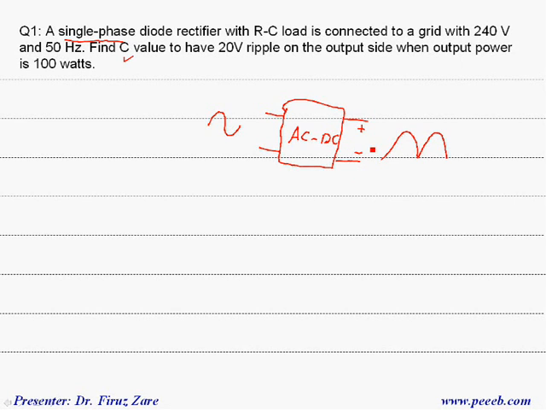We have a full wave rectifier. When this output is connected to only a resistive load, this is the voltage waveform, but because the output voltage fluctuates significantly, this type of voltage waveform is not suitable for different applications. So that's why we put the capacitor in parallel with the load.